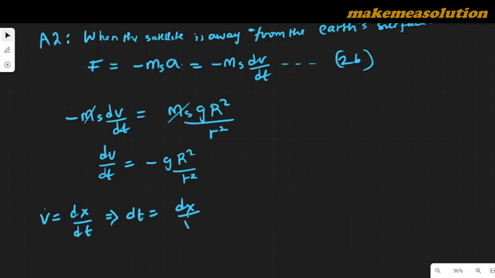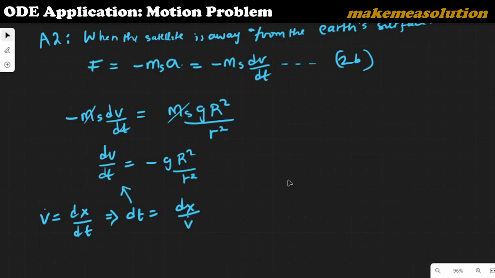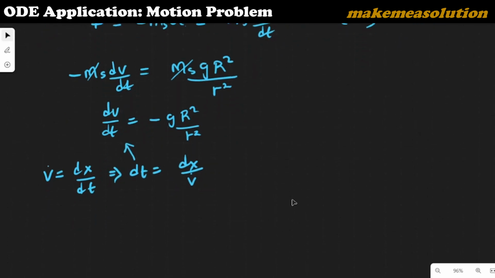Is that okay? So if you now carry this dt and put it back into the equation up here, you're going to get another expression for dv dt. dv dt corresponds to dv, and instead of dt, you have dx over v, and this will now be v dv dx itself.